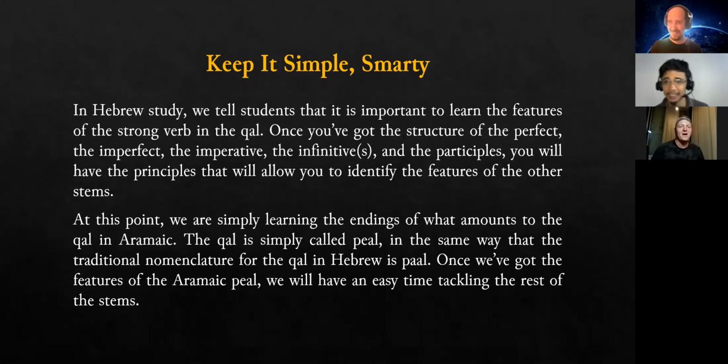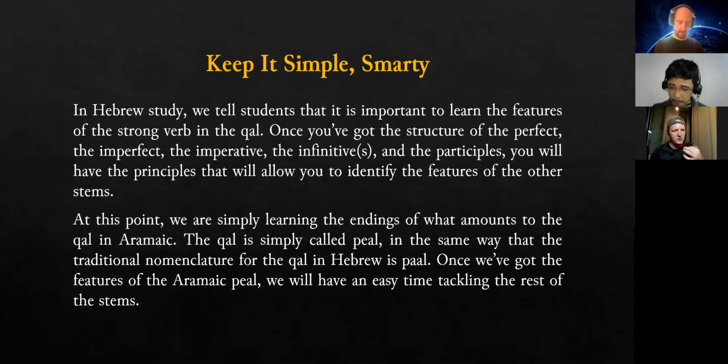In Hebrew study, we tell students it's important to learn the features of the strong verb in the kal, and once you've got the structure of the perfect, the imperfect, imperative, infinitive, and the participles, you'll have the principles that will allow you to identify the features of the other stems. You learn the kal, and then the other ones you recognize. At this point, we're simply learning the endings, and also the prefixes, of what amounts to the kal in Aramaic.